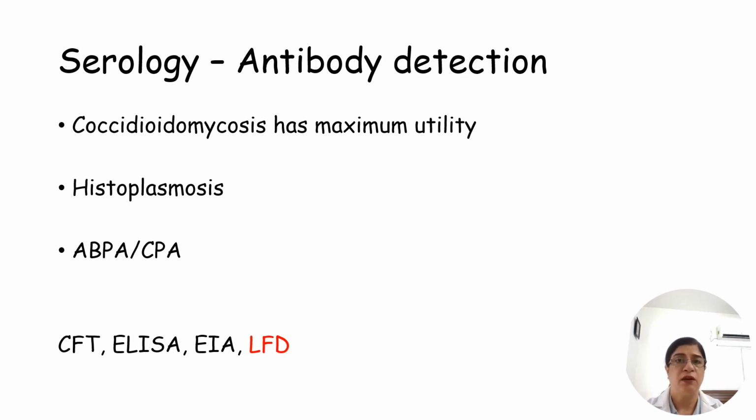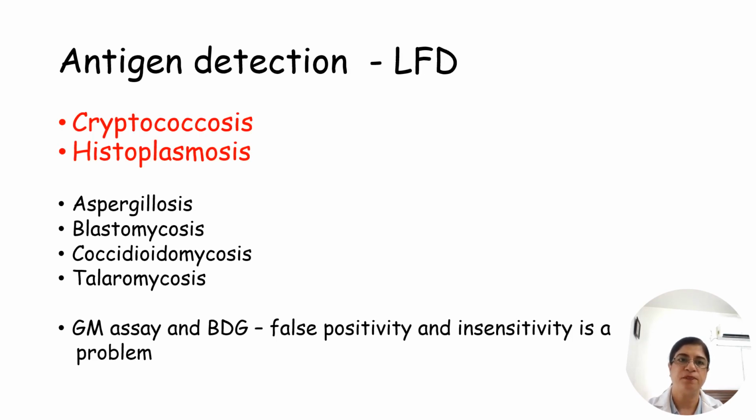And complement fixation test has been abandoned because of its complexity and cumbersome nature. Lateral flow devices are the norm of the time, and they are being increasingly used and devised for different fungal pathogens. The most important two infections, that is cryptococcal meningitis and disseminated histoplasmosis, are being diagnosed even in remote areas with the help of these lateral flow devices.